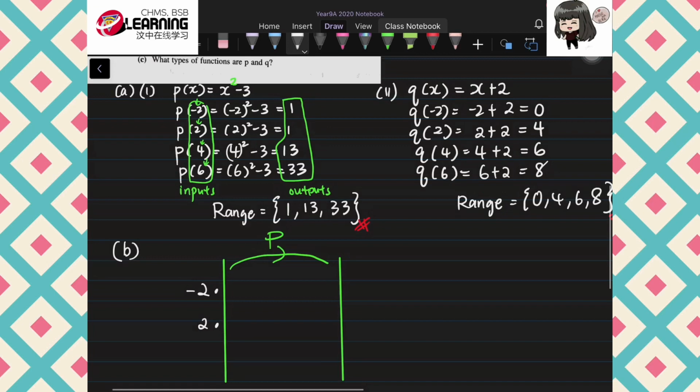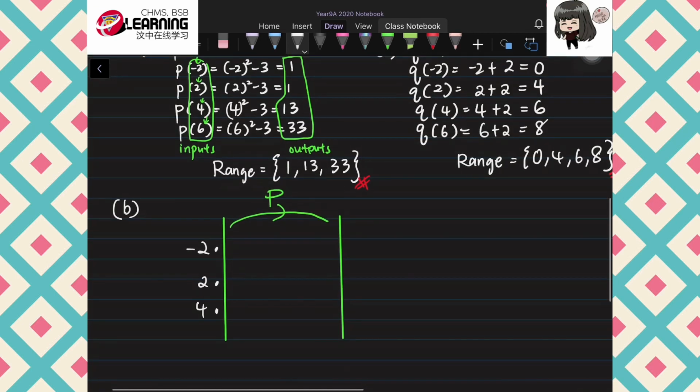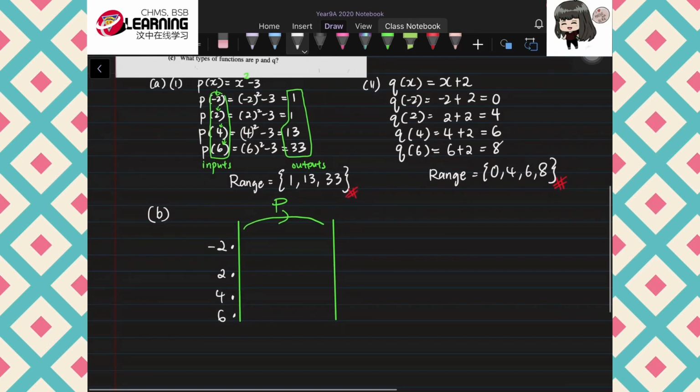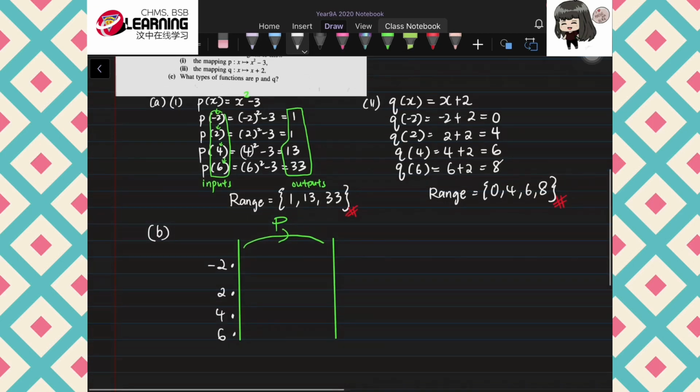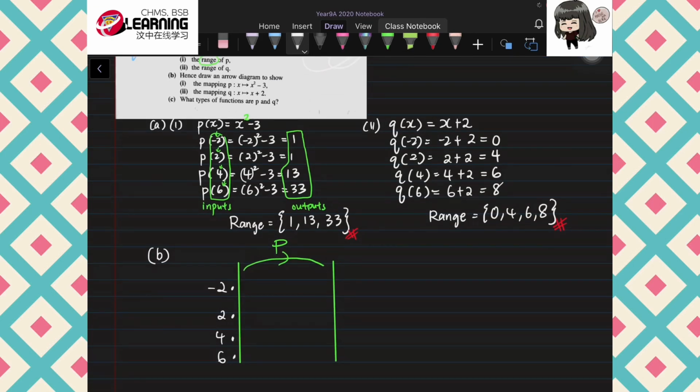Here, -2, 2, 4, and 6. Your objects are always on the left side. And your images, which is your range, which is 1, 13, and 33.